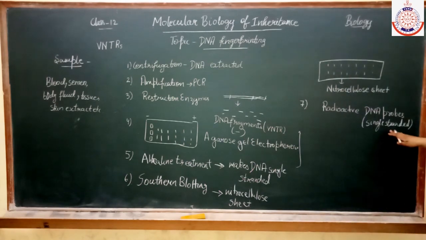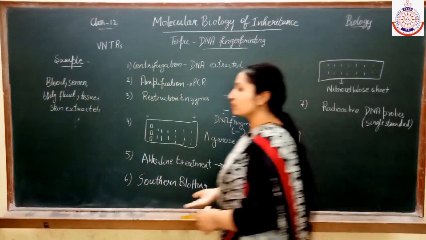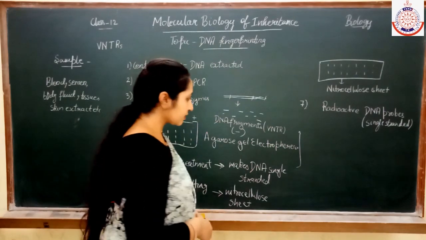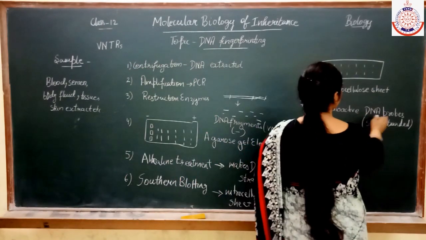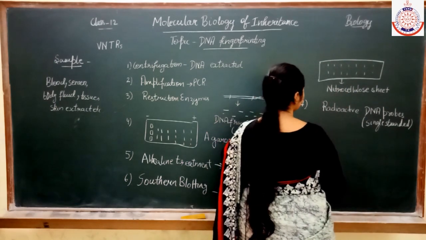And if these DNA probes have the complementary base sequences, then they will base pair with this. But if they do not have the complementary base sequences, then they will not pair up with the DNA fragments. In this way, we will come to know about the suspect of the crime scene or the paternity test. The radioactive DNA probes that are provided are also known as DNA labeled probes.